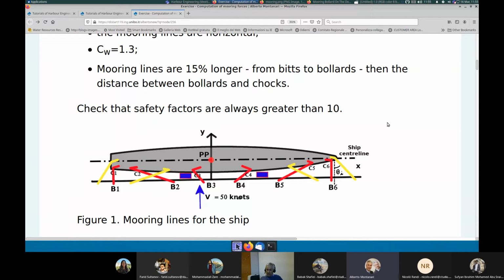There is a lot of uncertainty in there, so you have to be prepared also for a situation that you didn't predict. And also mooring lines, ropes, are usually subjected to some kind of deterioration. And therefore, it is suggested that the safety factor is larger.